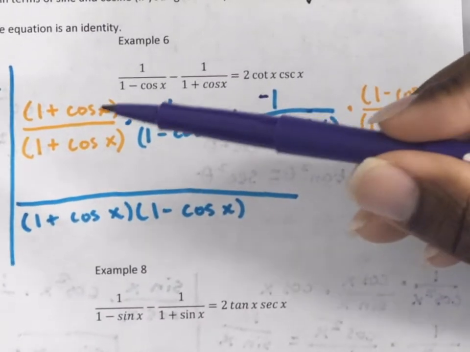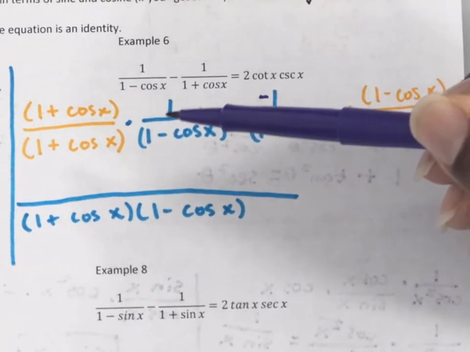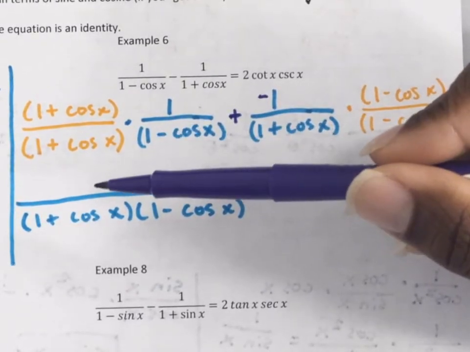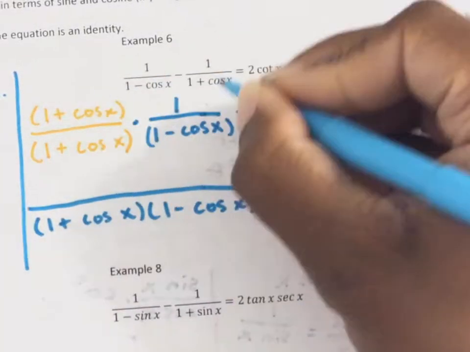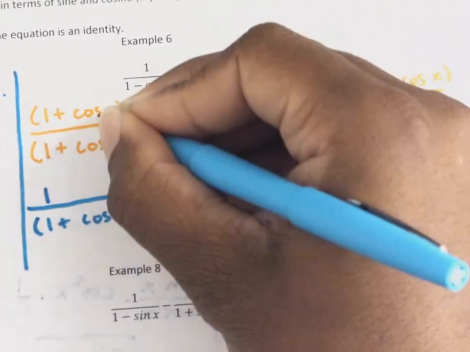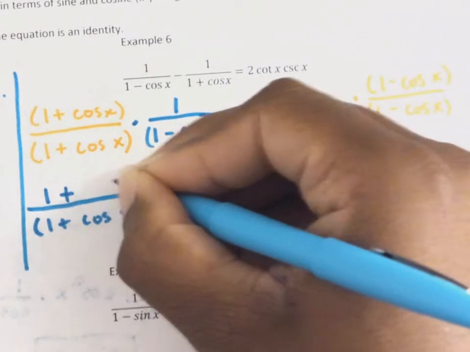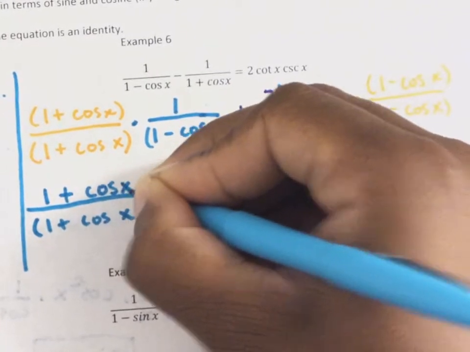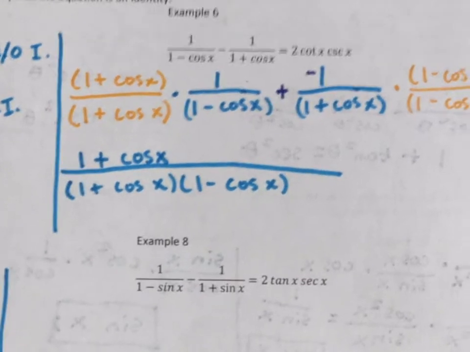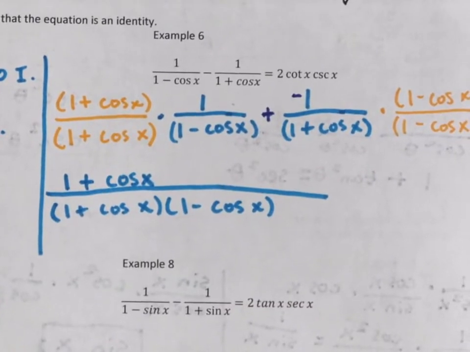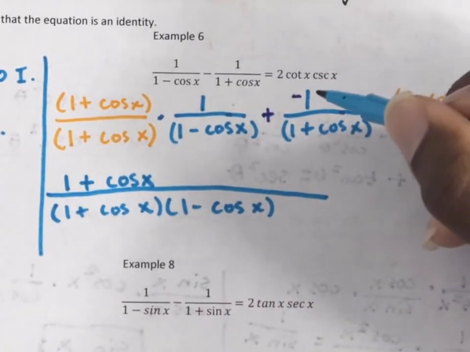This one's pretty straightforward. What is this times 1? The same thing, this. All right, so I'm just going to rewrite it. 1 times 1 is 1. Cosine x times 1 is positive cosine x. That's the left side. Now I'll go to this side.